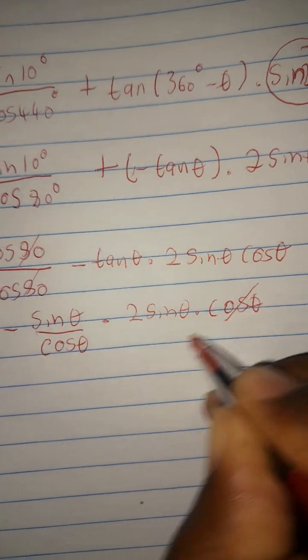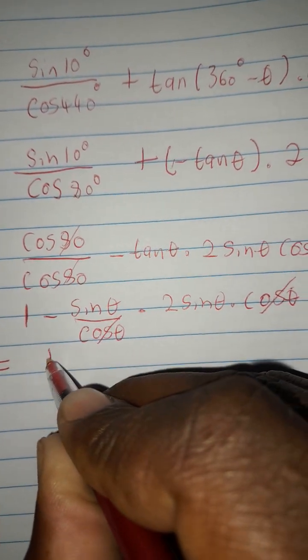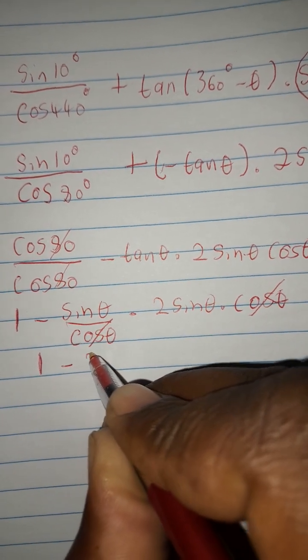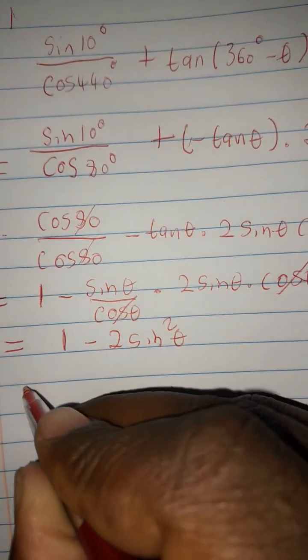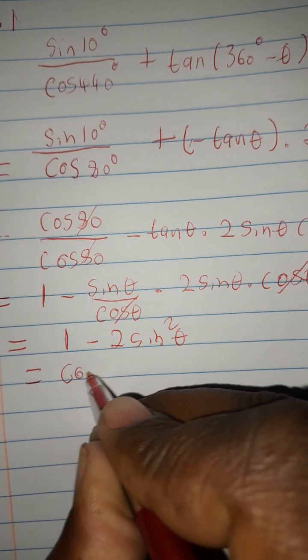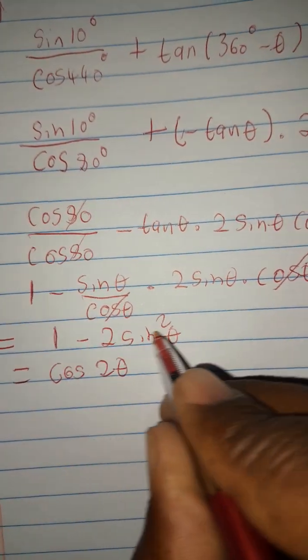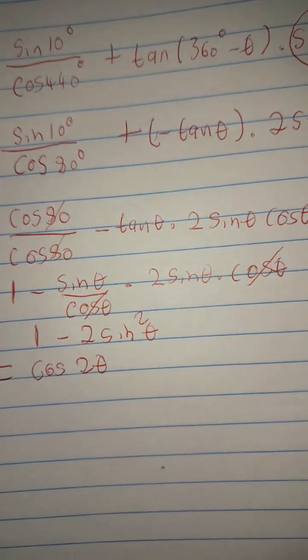Cos and cos will cancel each other, and we are left with 1 minus 2 sine squared theta, which is a double angle of cos. So we are going to have cos 2 theta.